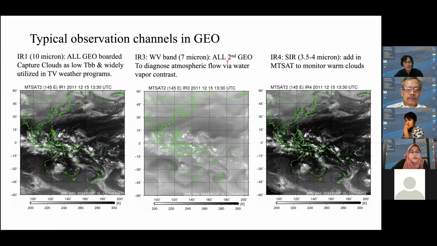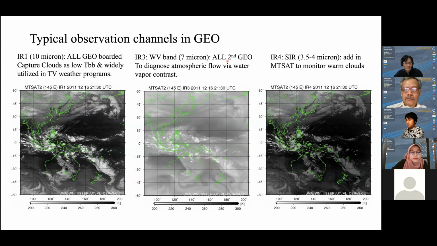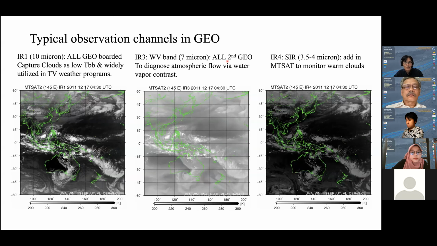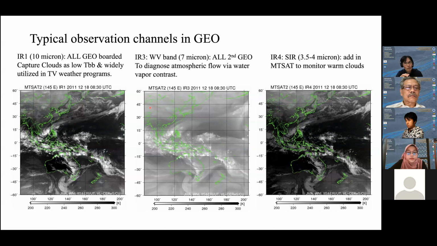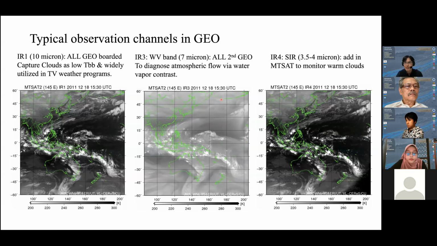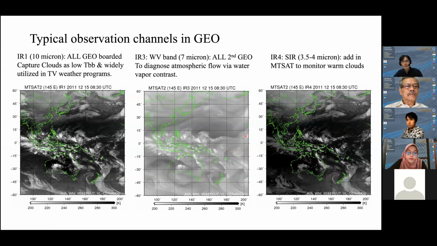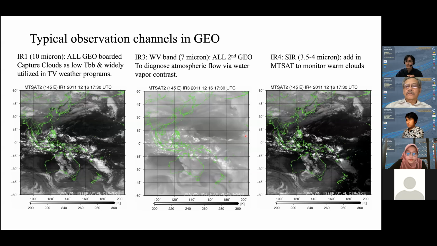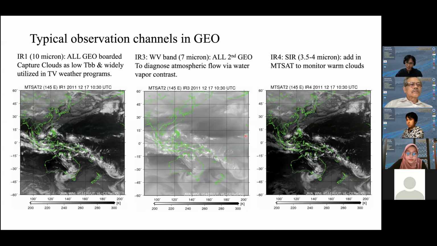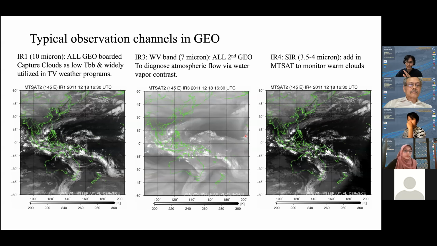Compared with the 10 micrometer image, here is the 7 micrometer image. It is not so black and white; it is a kind of grayscale image compared with the 10 micrometer. This is interpreted as water vapor reducing the brightness temperatures at 7 micrometers.